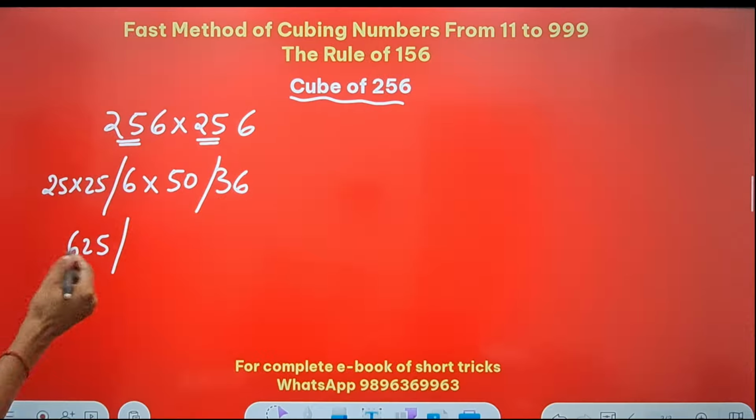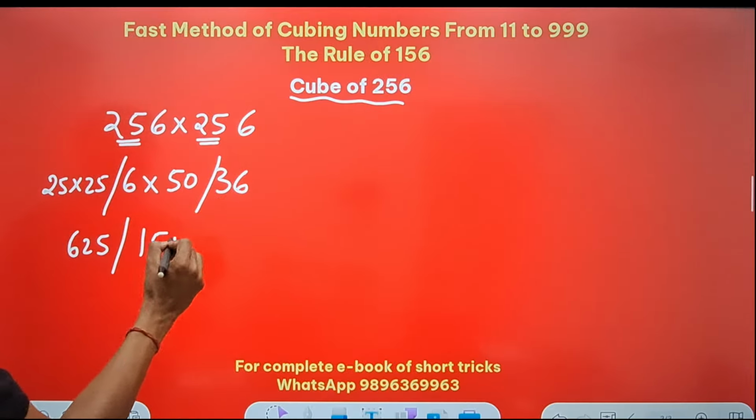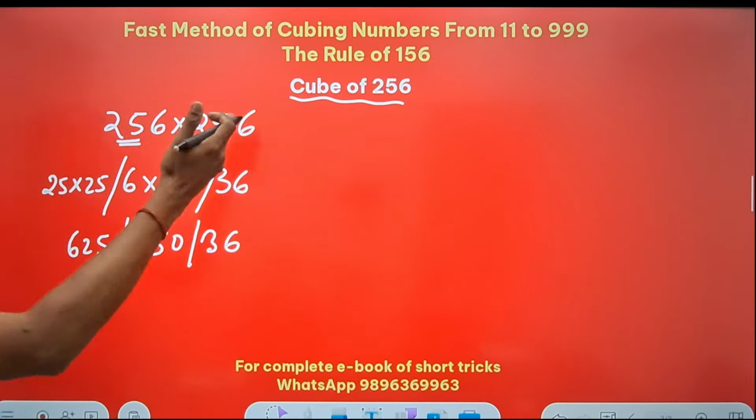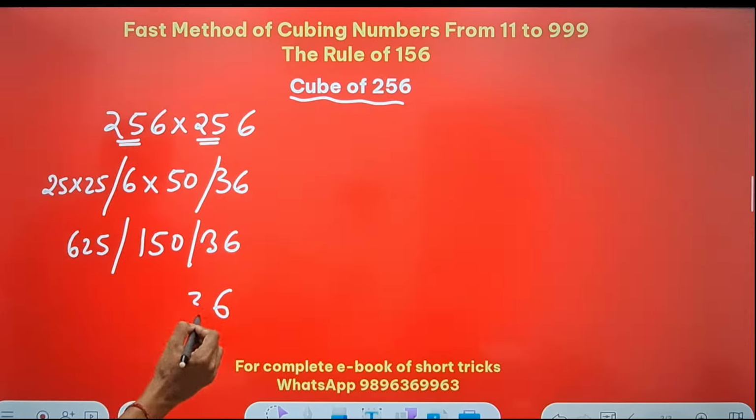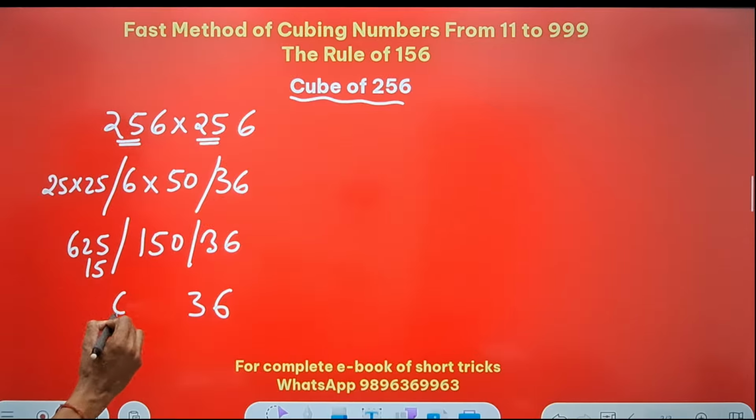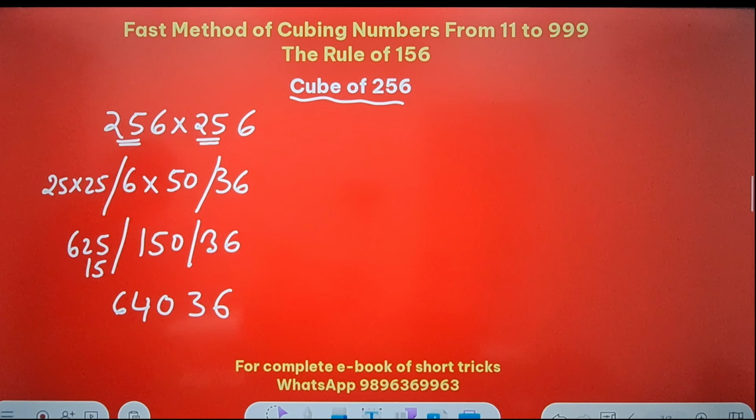I know the square of 25 is 625. This is 150 and this is 36. So you get the square of 256 now. 6, 3 means 153, so 315 here, 640. So 64036 is the square of 256.